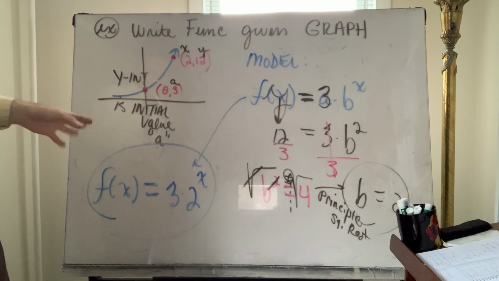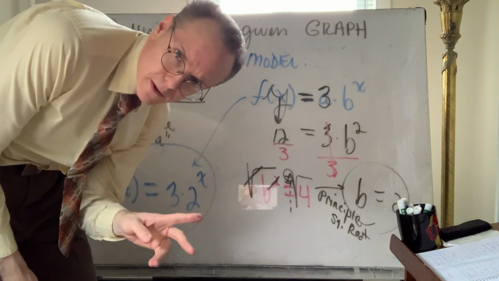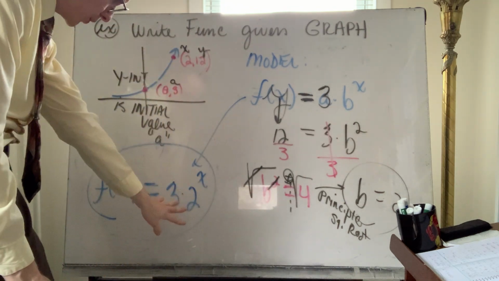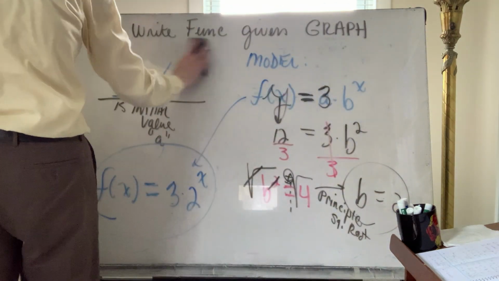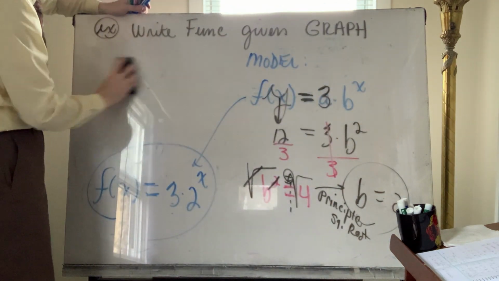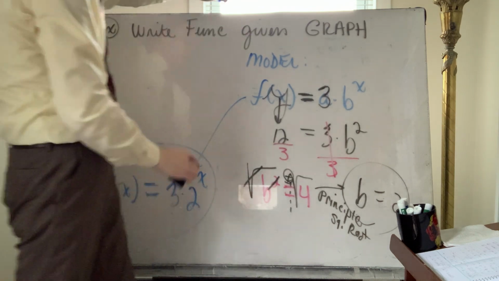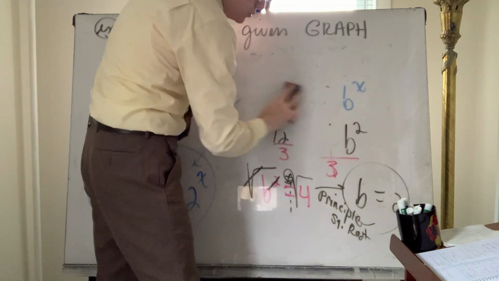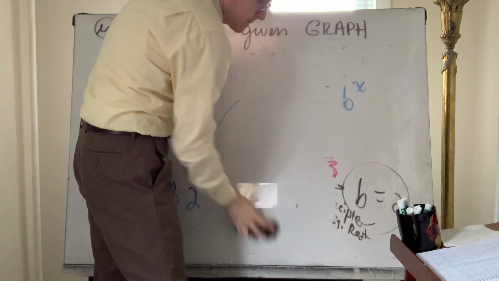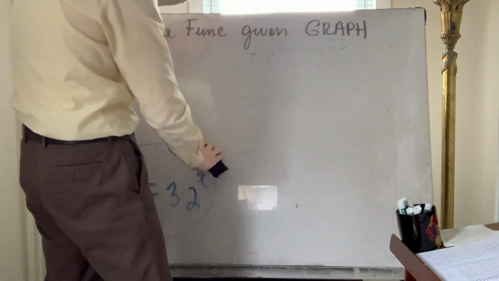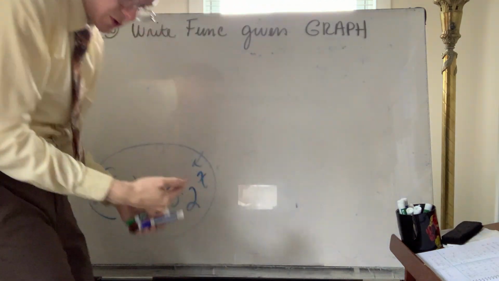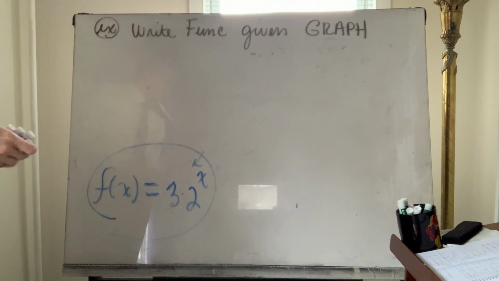All right. Now let me show you something that's kind of neat. You could get your calculator to determine this for you. That is, you can get your calculator to help you write a function given the graph, as long as you recognize what the key features are and what type of function it is. If you know something is exponential is really what you must know.